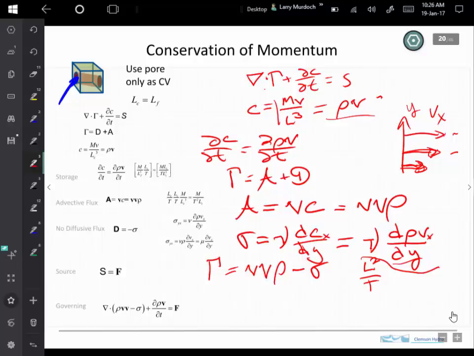And then for the source term, the source of momentum, let's just call this capital F for the source of momentum. We'll end up using this in some cases.